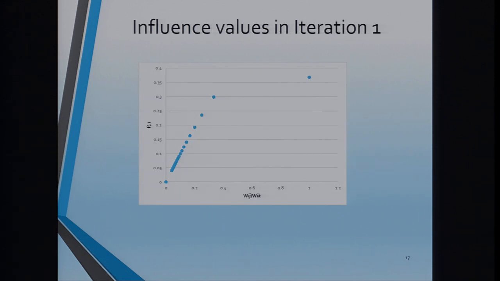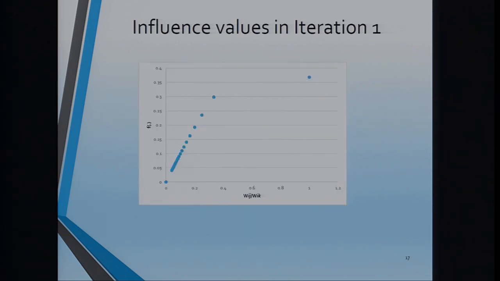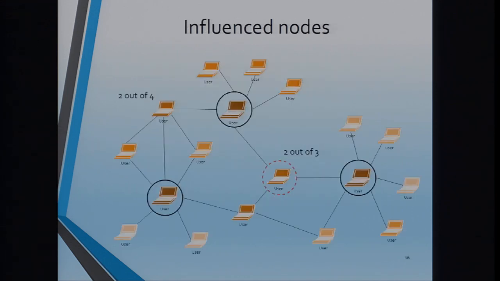So initially everyone will be at 0. After their friends get influenced, after their friends purchase the product, these are the different influence levels of the nodes. So when we see this range, for the next iteration, for these number of people we will be giving the product for free.